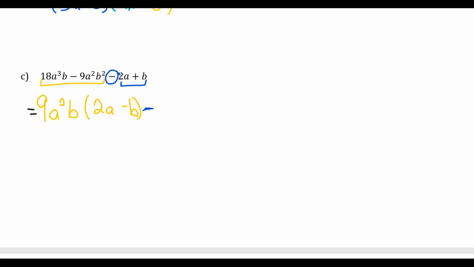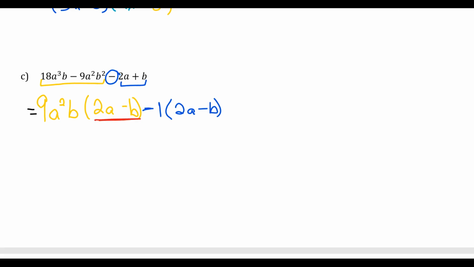So in this case, I always have to factor something out. So my greatest common factor here is actually a 1. So I factor out a 1 from both of those. Be careful because I took a negative out. So it's actually going to change my sign and my b.